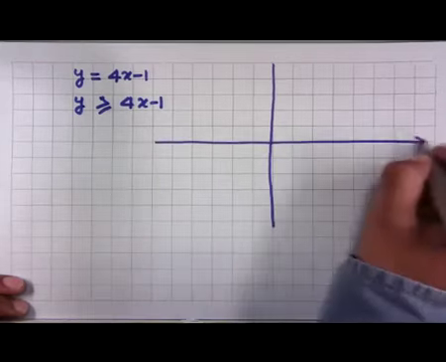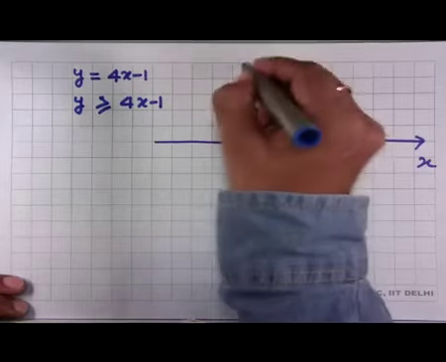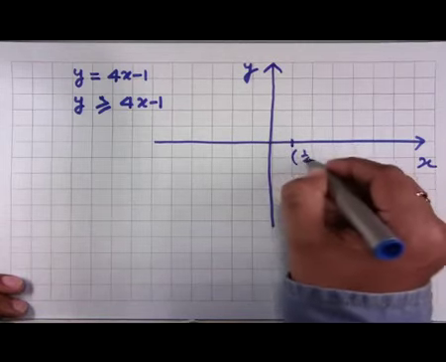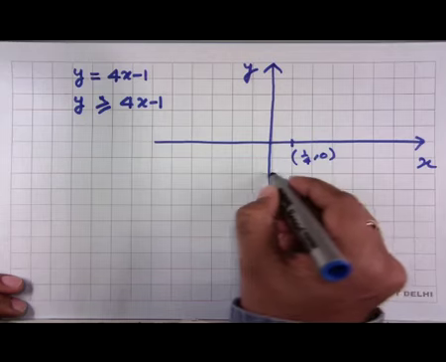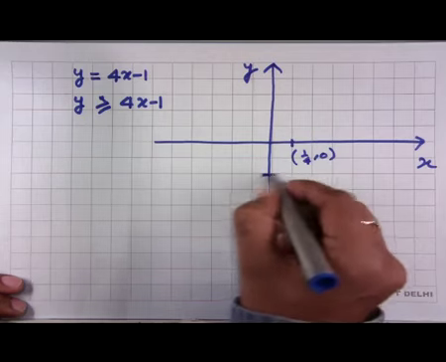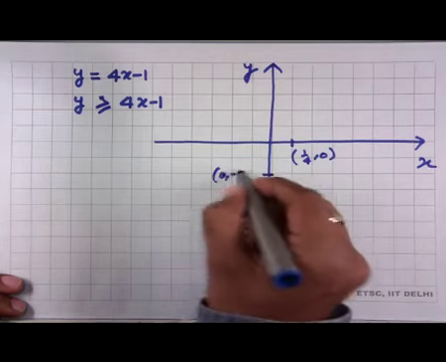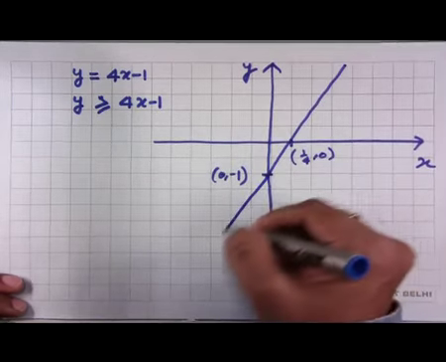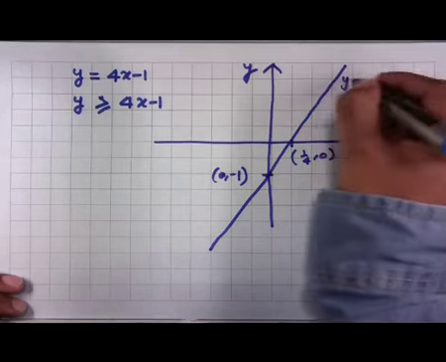First let us plot the line. This is 1 by 4 comma 0, and if x is 0, y is minus 1. So, this is 0 comma minus 1. This is the line y equals to 4x minus 1.